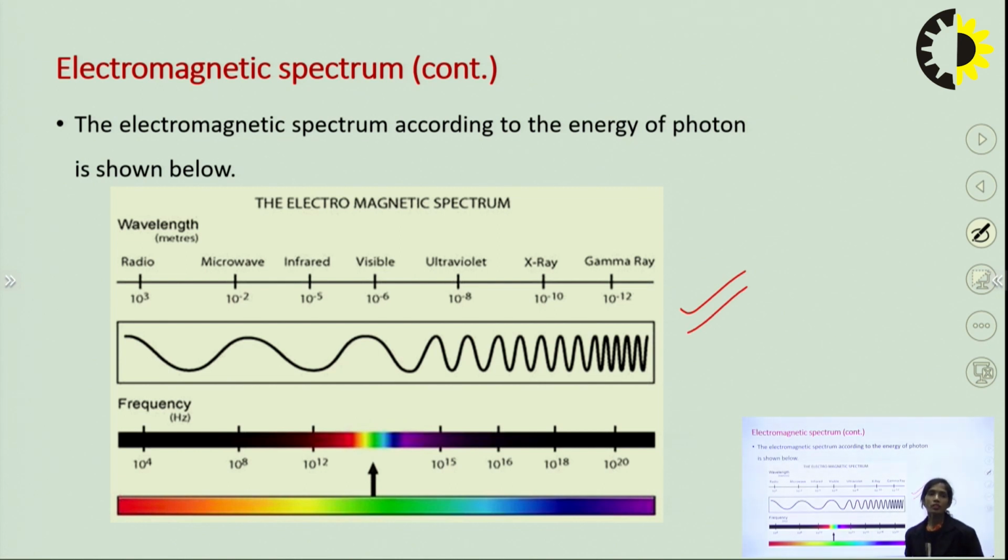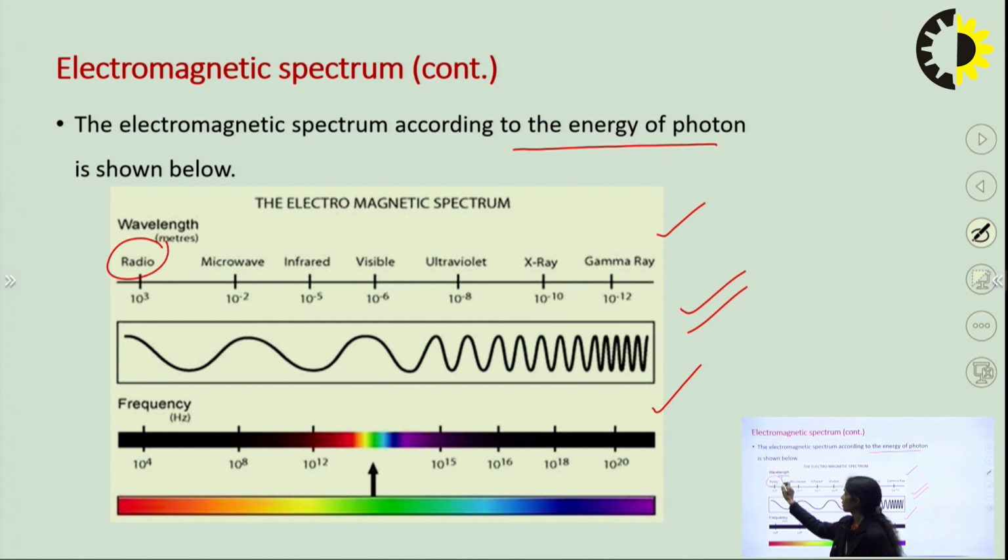So this is showing the electromagnetic spectrum, in which we have the energy of photons shown below here. We have both the ranges in wavelength form or in frequency, with different frequencies and different wavelengths ranging from radio waves to gamma rays.